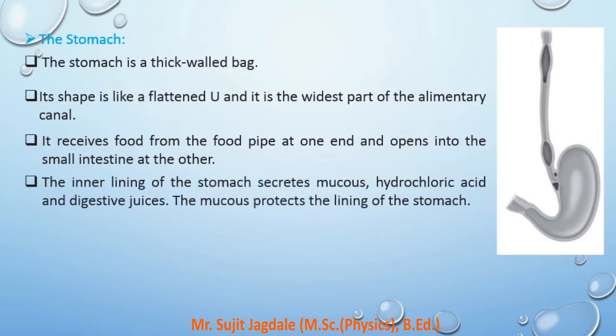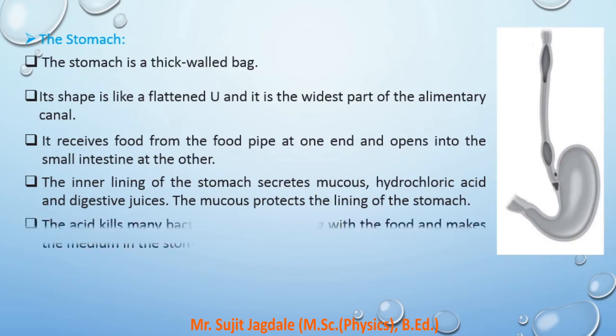Now the inner lining of the stomach secretes mucus, hydrochloric acid and other digestive juices. The inner linings are shown in the diagram. The basic function of mucus is to protect the lining of the stomach.